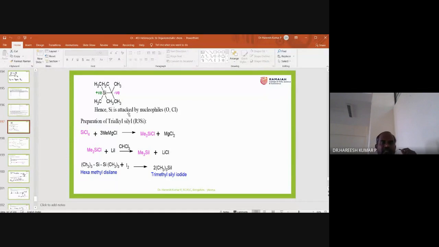Because of this delta positive and delta negative, due to the electronegativity difference between carbon and silicon, silicon will be attacked by nucleophiles. The nucleophile may be O minus, Cl minus, Br, iodo or fluoro. Overall, silicon is attacked by nucleophiles.